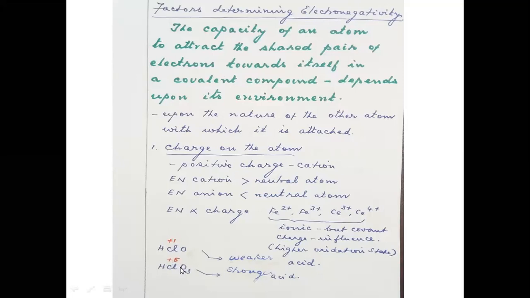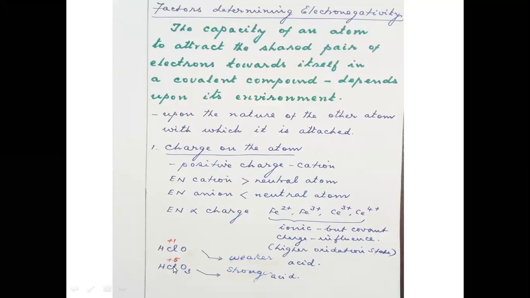Look here, oxygen carries minus two. So three oxygens give minus six, plus one for hydrogen, so plus five charge for chlorine. So this chlorine is more electron deficient.